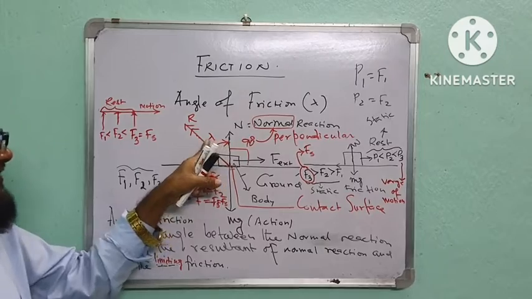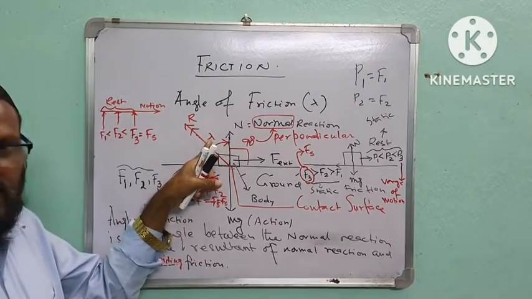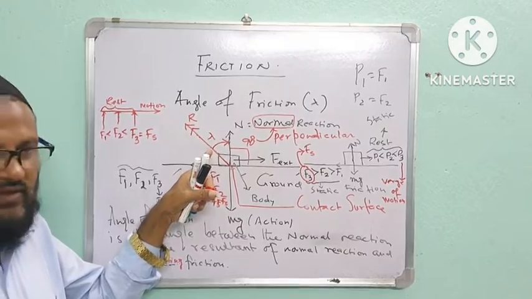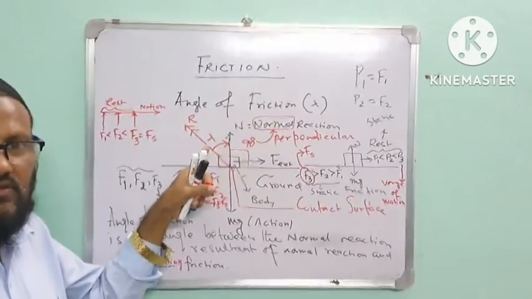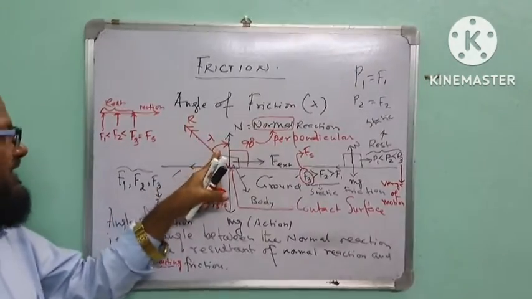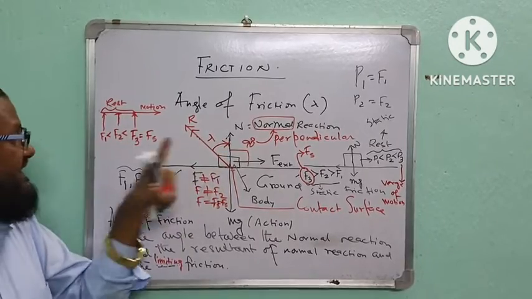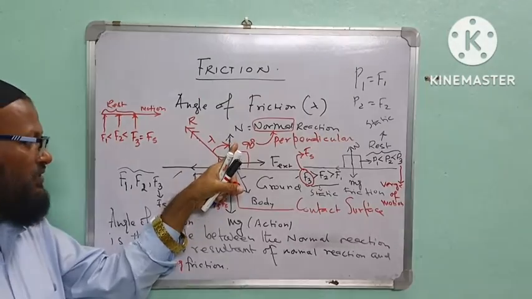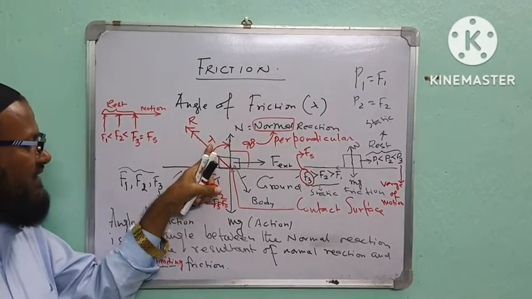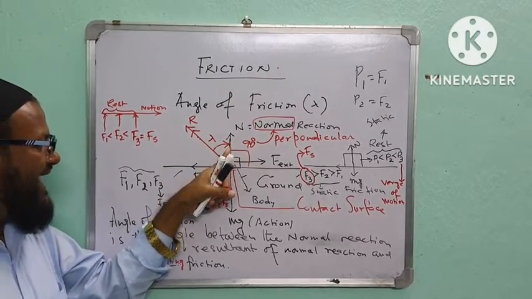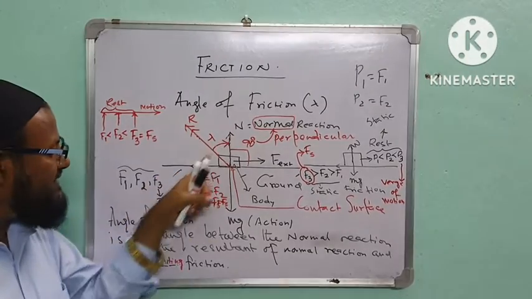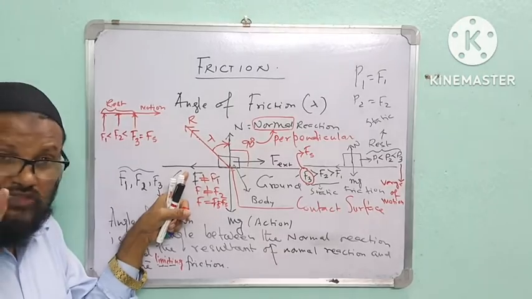What is the angle of friction? It is the angle between the normal reaction and the resultant. Please see the board. The resultant occurs from normal reaction and friction, not simple friction.